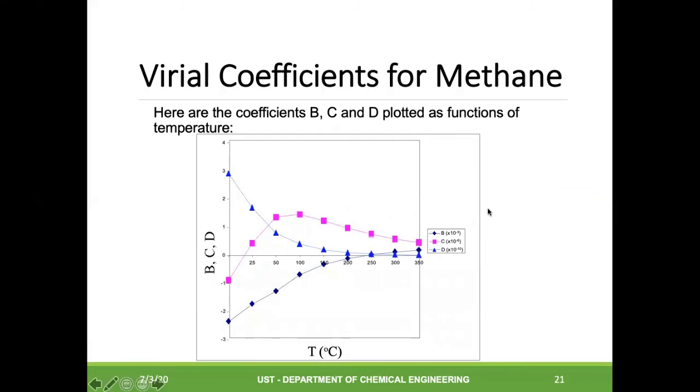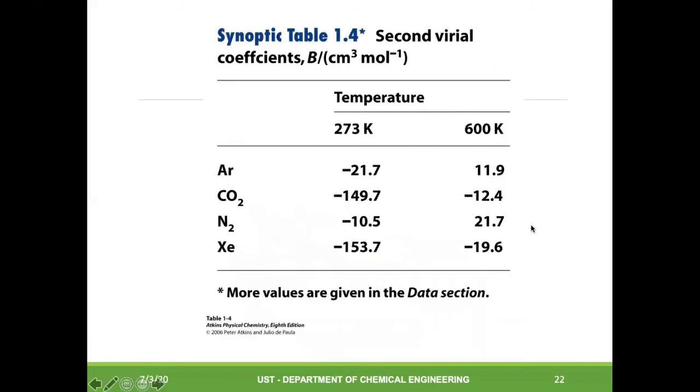As I mentioned, they were determined experimentally. Second virial coefficients for different gases, argon, carbon dioxide, N2 or nitrogen gas, and xenon at specific temperatures are also given, and more values are given in the data section. I also included the values in the resource section of our course site.